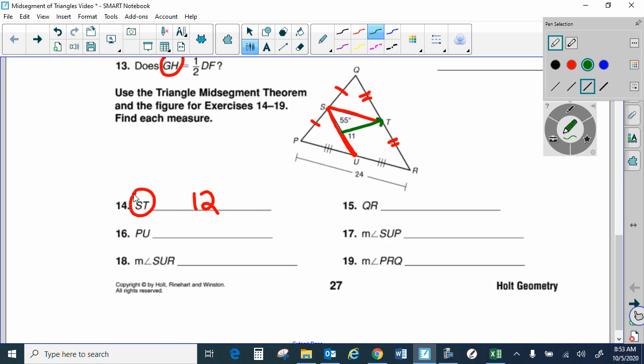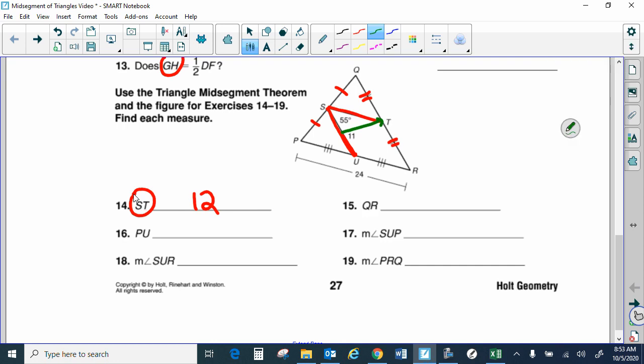So QR is double that length. Okay, so we do know that 11 is half of this base, so QR is 22. There's that question right there, QR 22.